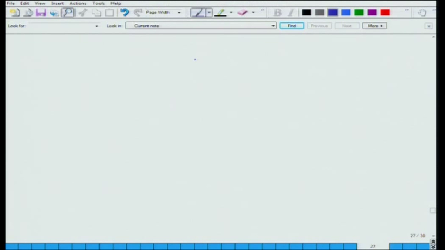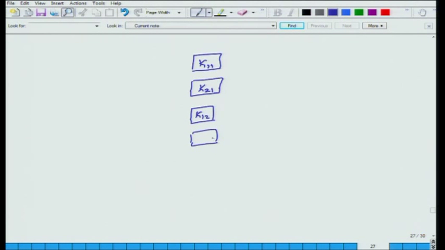Let us say I have got K11, K21, K12. So, let us say I am pairing 1 with 1, 2 with 2.